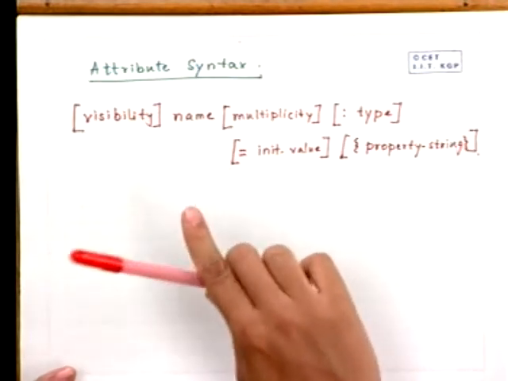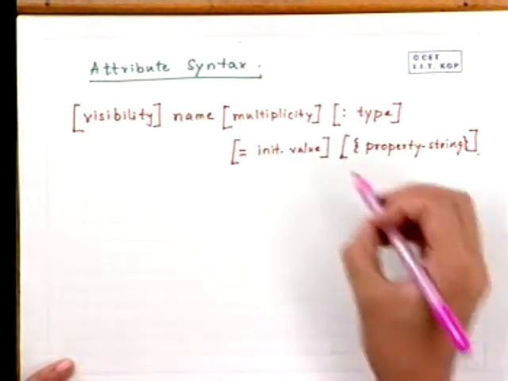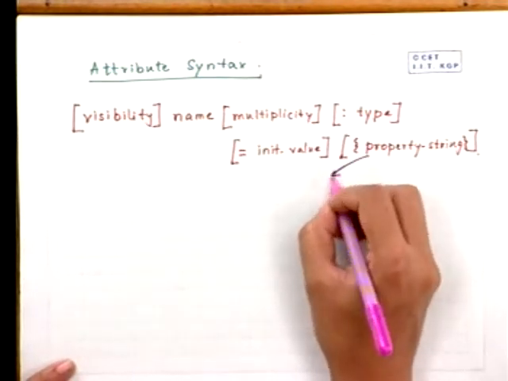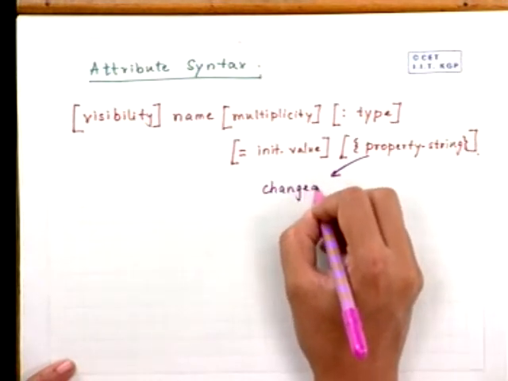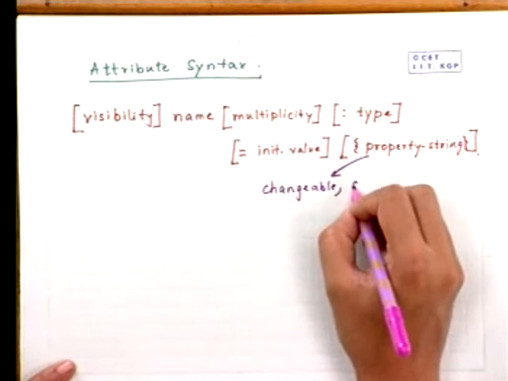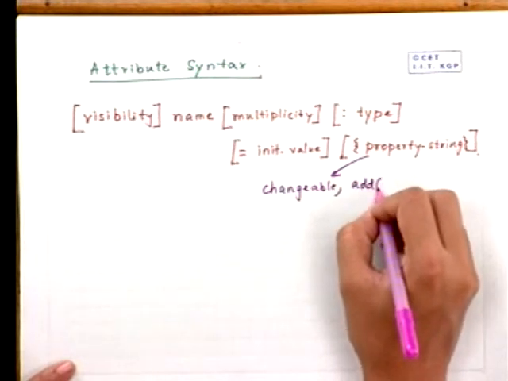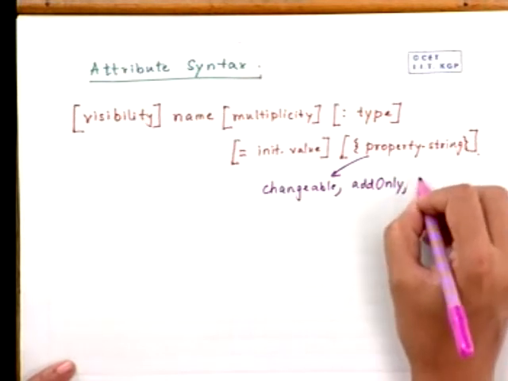And this property string can consist of these words: changeable, add only, or frozen.